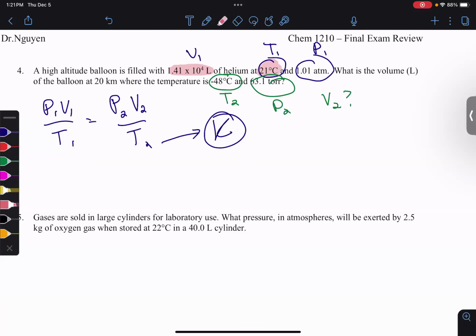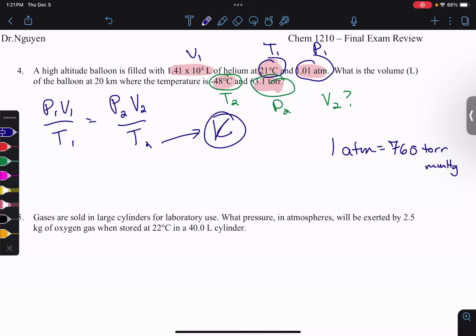Here, you'll have to change the unit of temperature to Kelvin, and you need to make sure the pressures match. One's in atm, one's in torr, so you just have to make them match somehow. If there is one pressure conversion you need to know, 1 atmosphere equals 760 torr, or millimeters of mercury. That will get you far enough.